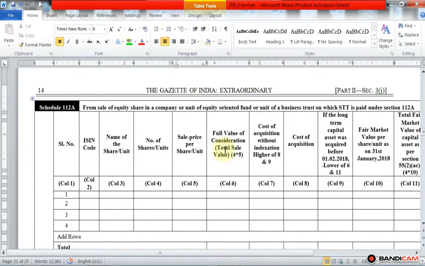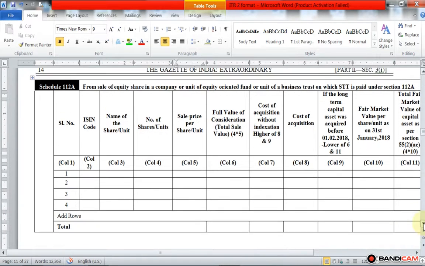Then full value of consideration, then cost of acquisition without indexation, higher of 8 and 9. Cost of acquisition terms. So this necessary information is filled by the assessee.